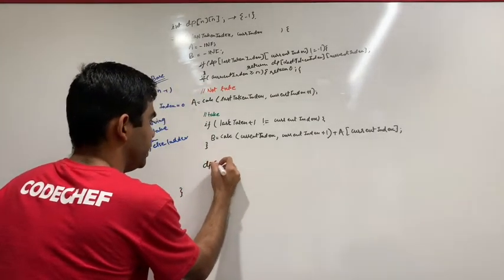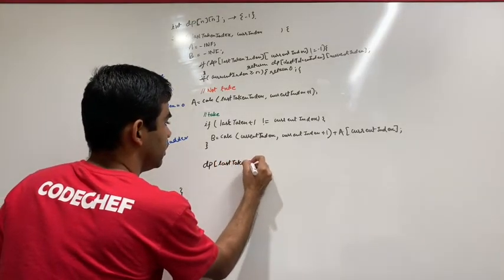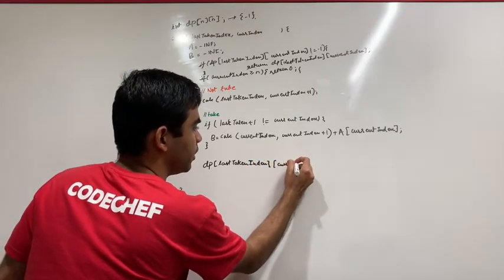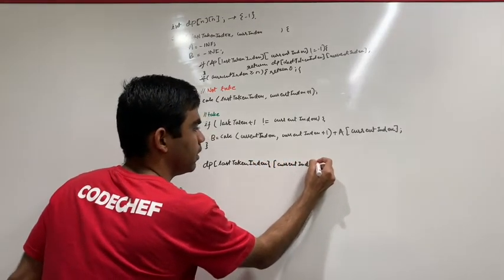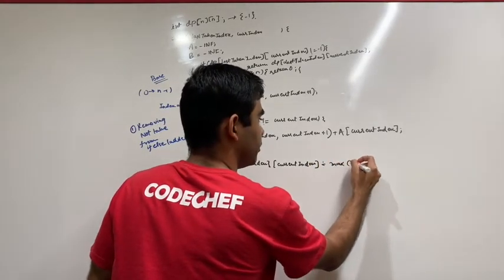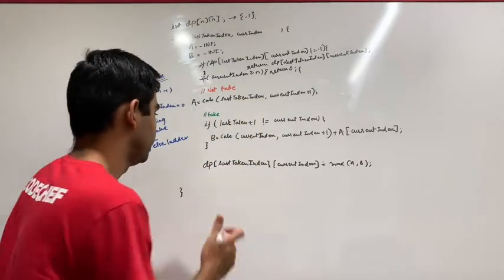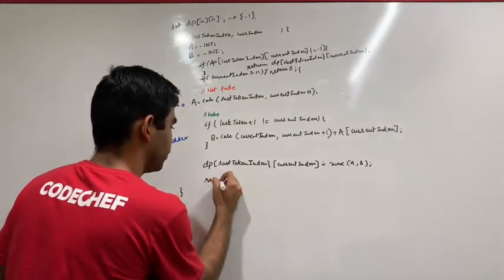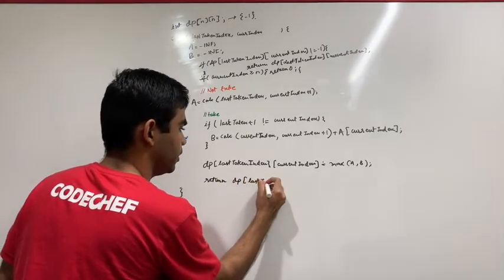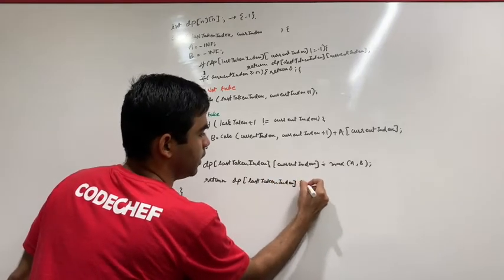So dp of last taken index and current index will be initialized to max of a and b, and I'll simply return the same value, which is dp of last taken index and current index.